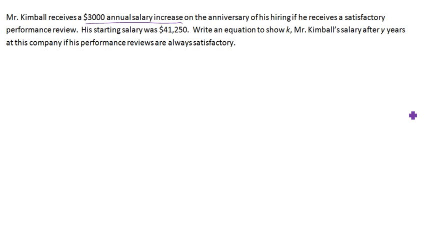Okay? So we need to show first, we've got Y being the number of years, and then we've got K being Kimball's salary. And I believe it's a K because of Mr. Kimball, but this will be his salary.